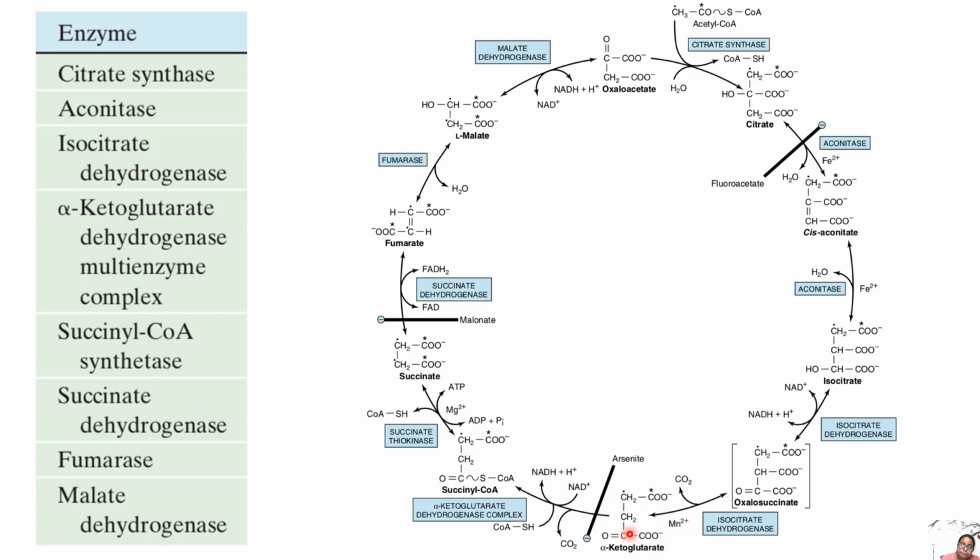Then alpha-ketoglutarate gets converted to succinyl-CoA with the help of the alpha-ketoglutarate dehydrogenase complex. Succinyl-CoA gets converted to succinate using succinate thiokinase, succinate gets converted to fumarate by succinate dehydrogenase, then fumarate to malate by fumarase, and then malate to oxaloacetate again by malate dehydrogenase.